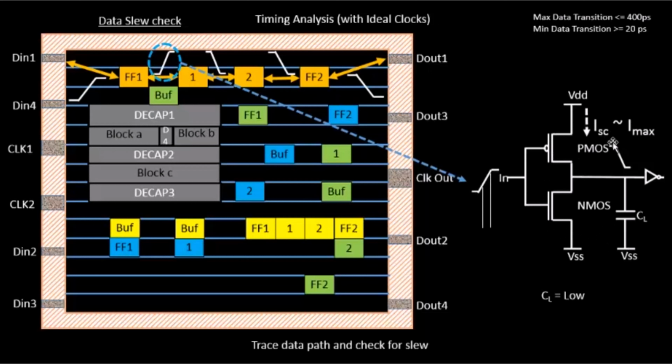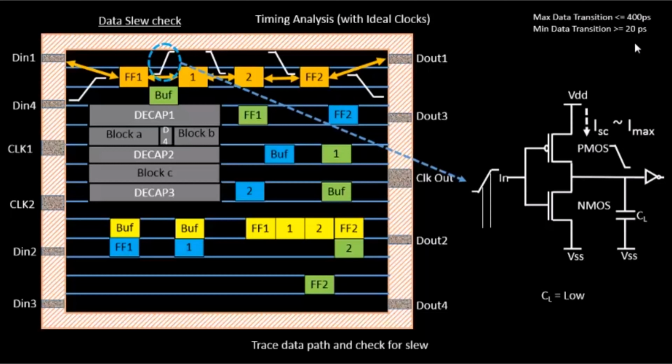So we should be avoiding having a very low transition. That's why we have set a value of output. The output transition should be at least greater than 20 picosecond. If it goes less than 20 picosecond, the short circuit current will be maximum.